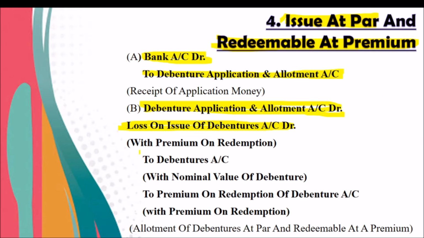My dear students, every time the debenture is redeemed, repaid at premium, that amount will be transferred to a new account, that is premium on redemption of debenture account. So remember the second entry: debenture application and allotment account debit, loss on issue of debenture account debit, to debentures, to premium on redemption of debenture account.